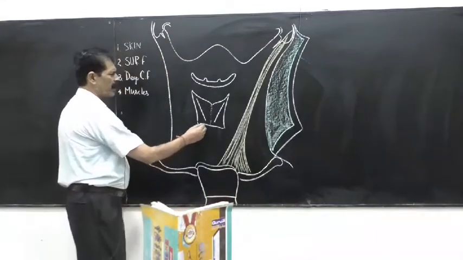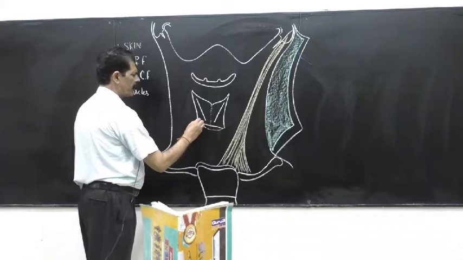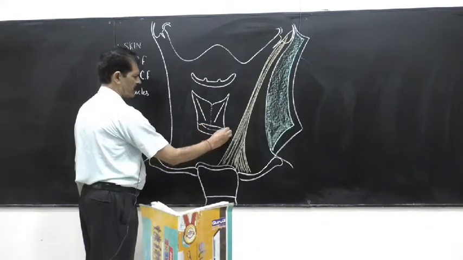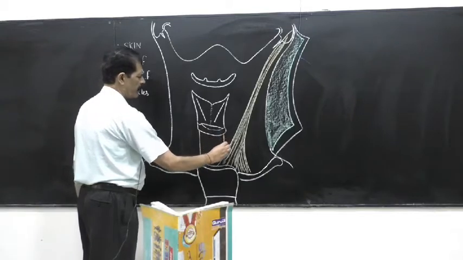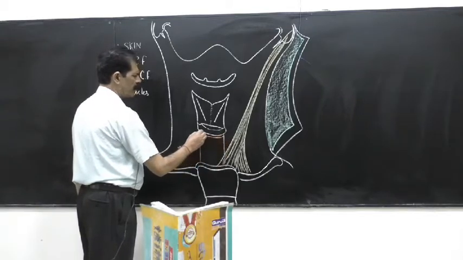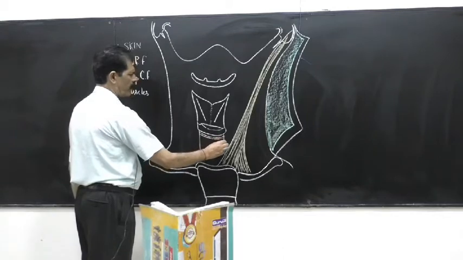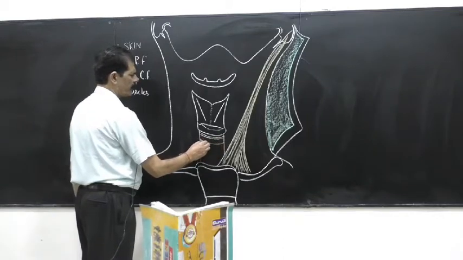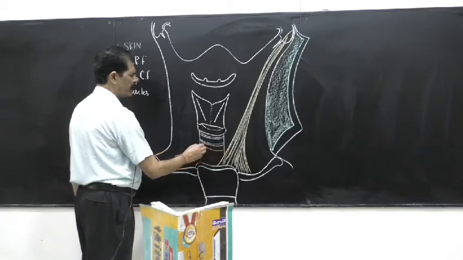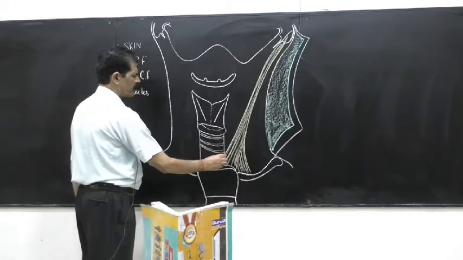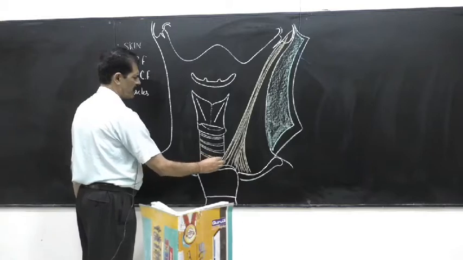Just below the thyroid cartilage there is a ring-shaped cricoid cartilage, and below the cricoid cartilage lies the windpipe that is called the trachea, with the C-shaped tracheal rings, which are only present anteriorly and laterally, but not present posteriorly; they are deficient.